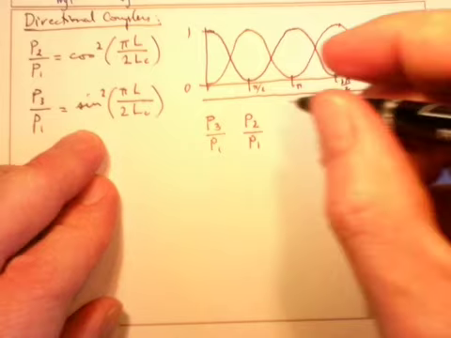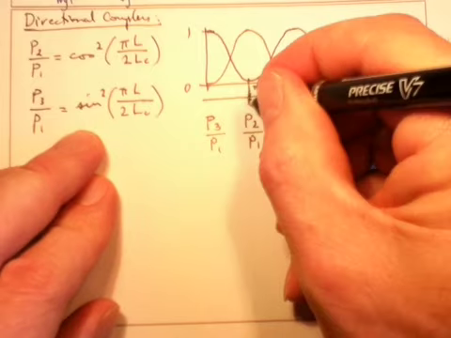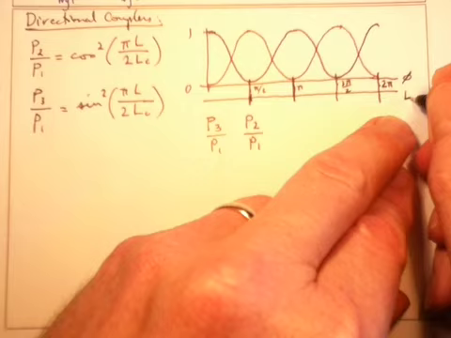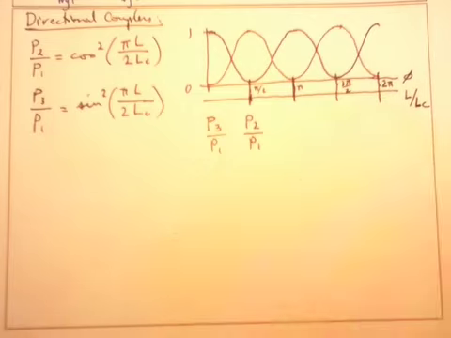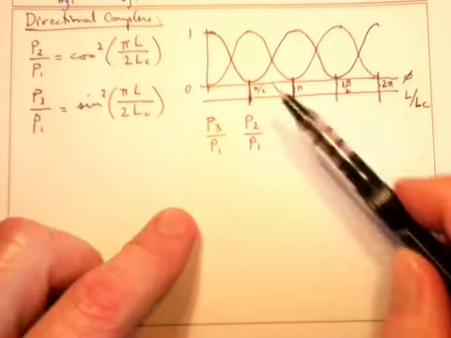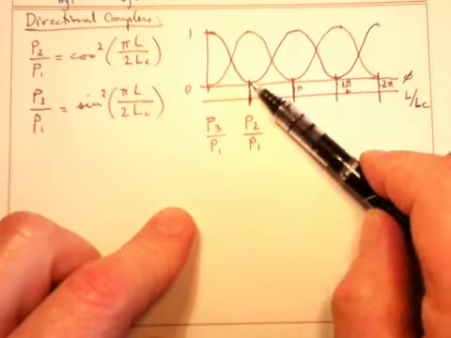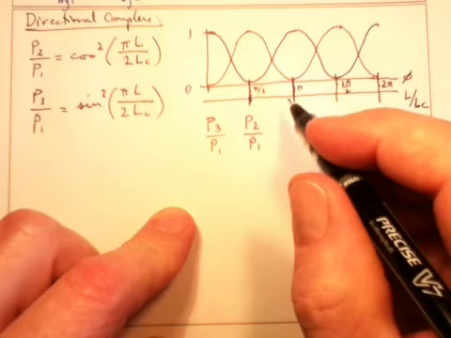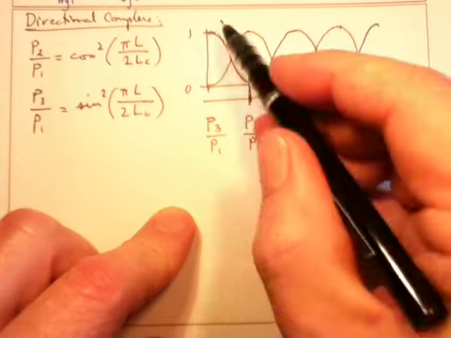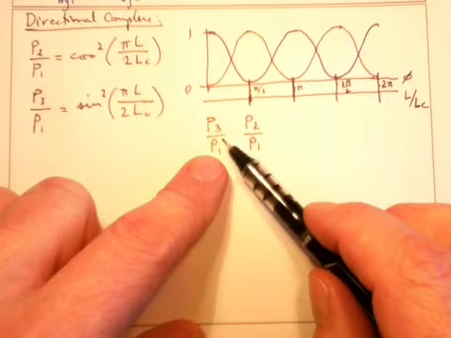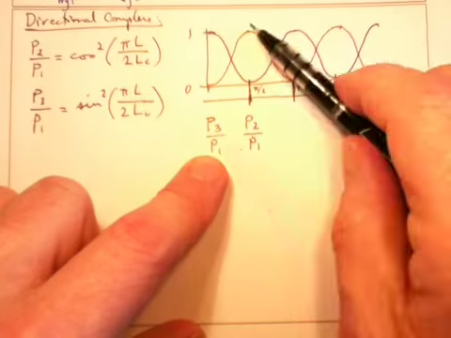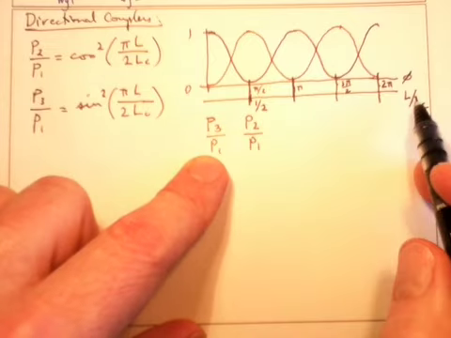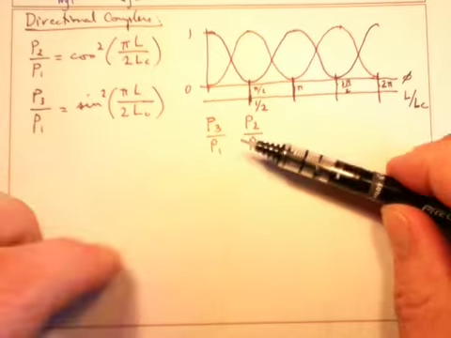Or I can label them in terms of L over LC, and what we want is complete switch over. We want the output power to be completely over in waveguide number 3 at L over LC is 1/2.